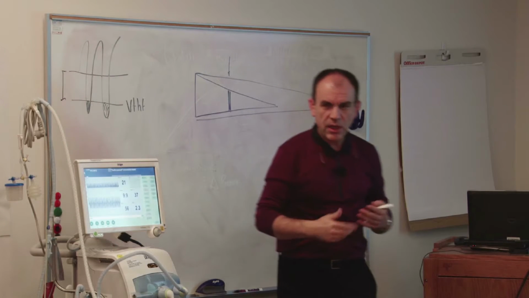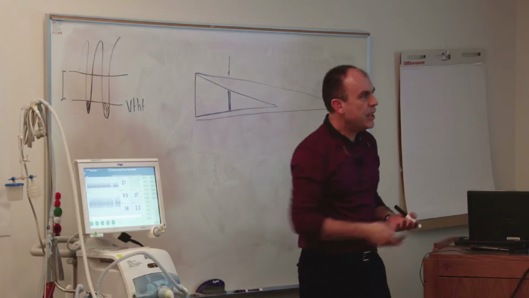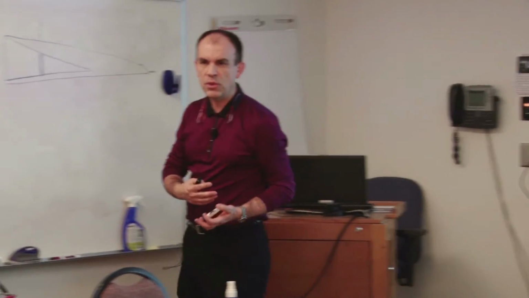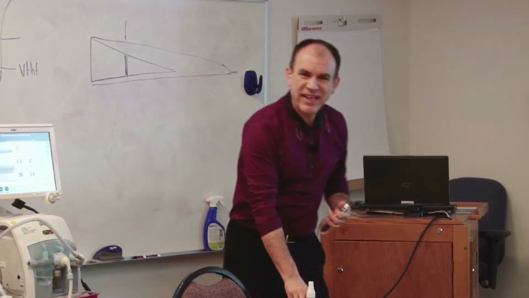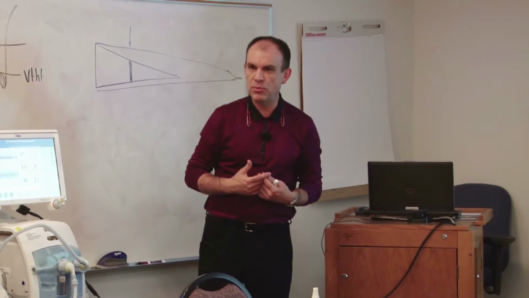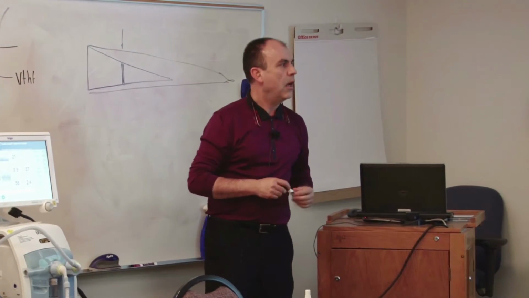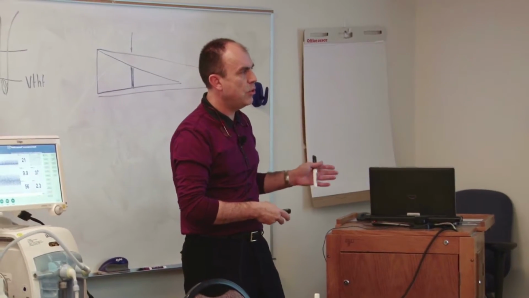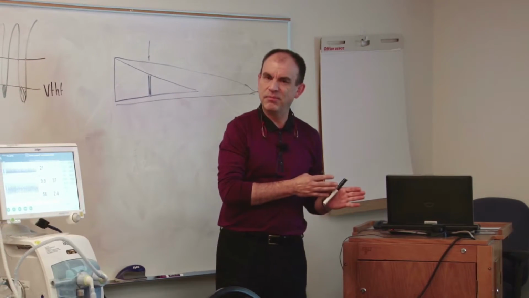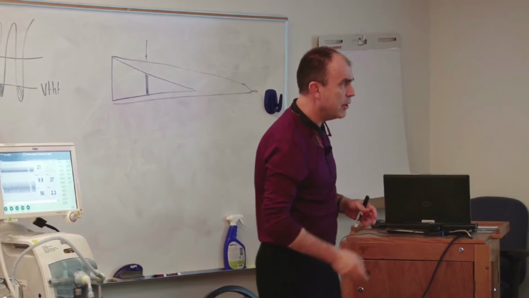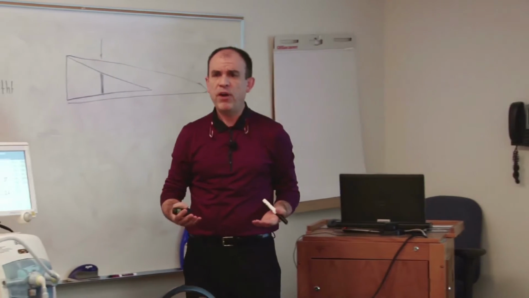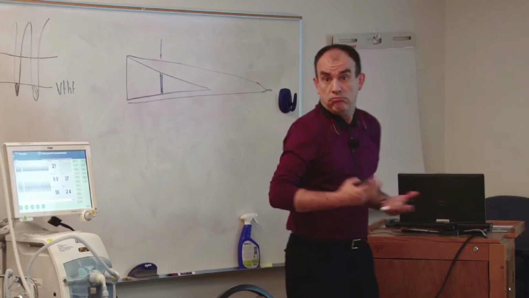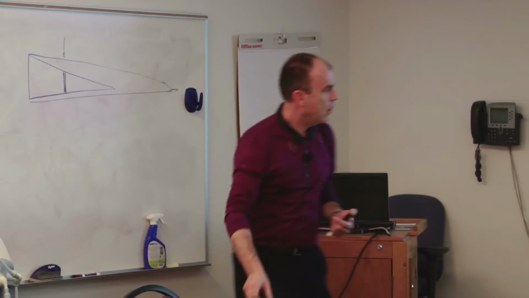We are using this parameter as a correlation with CO2. And that's why it makes sense, but it still needs to be proved. There's very little data. There is a correlation between VTHF and PCO2, but it's patient dependent. So in one patient, that might be 3.5 per kilo. In another patient, it might be 1.5 per kilo. So it's very variable. Okay?